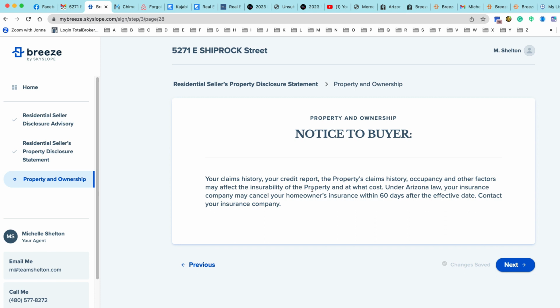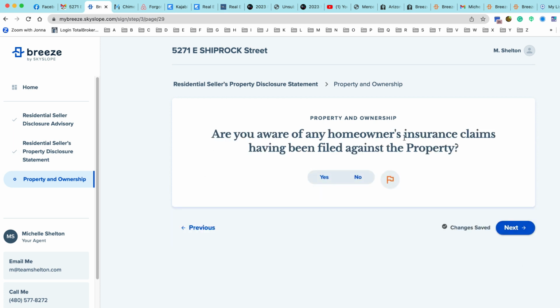And then notice your claims history, your credit report, the property claims history, occupancy, and other factors may affect the insurability of the property and at what cost. Under Arizona law, your insurance company may cancel your homeowner's insurance within 60 days after the effective date. Contact your insurance company. Are you aware of any homeowner's insurance claims? No.